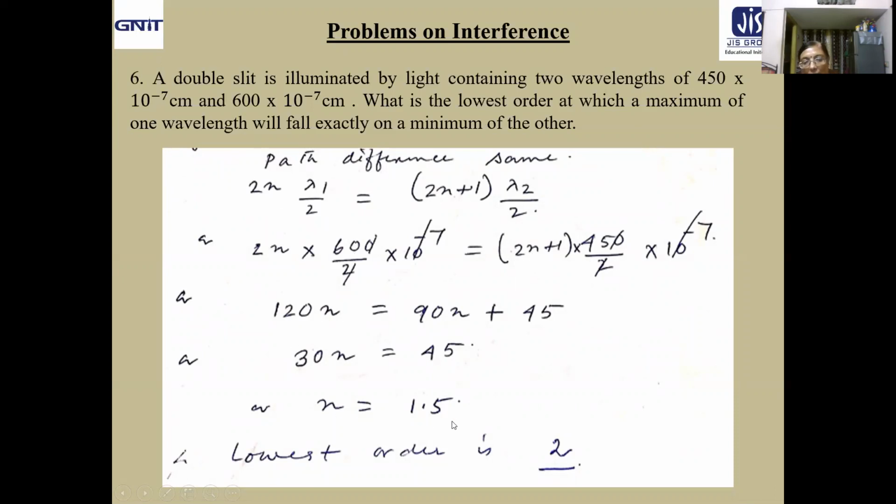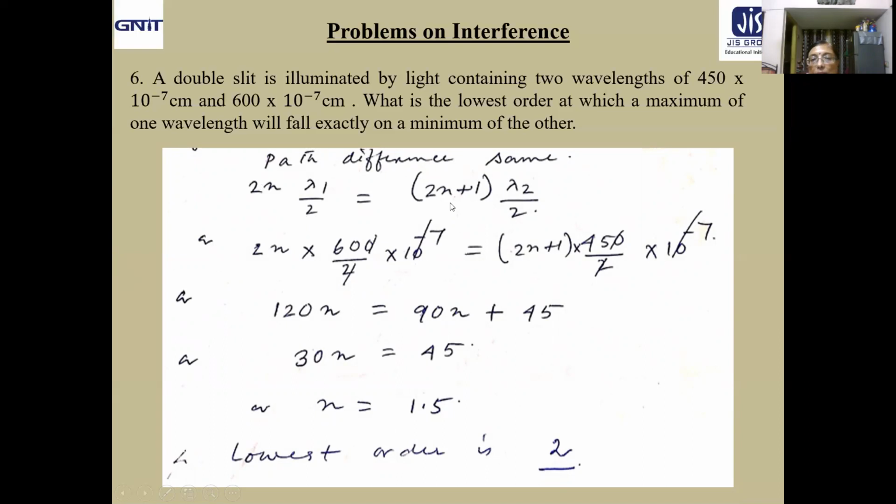You are getting n equal to 1.5. What is asked? What is the lowest order at which this happens? The lowest order is more than 1, because order can never be a fraction. It is 1.5. Even if it comes out as 1.4, you have to write that the lowest order is 2 because it is more than 1. If you try with 2n minus 1, what will happen? You can try with 2n minus 1.